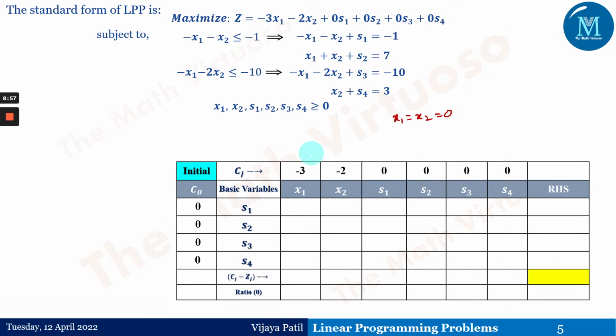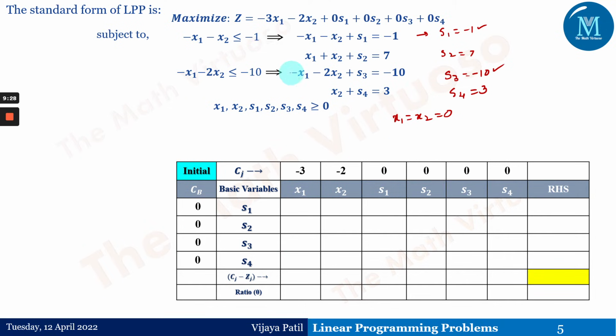So s1 = -1, s2 = 7, s3 = -10, and s4 = 3. With this basis the solution is not feasible, because we are getting negative values in the basis. The variables are taking negative values in the basis here.